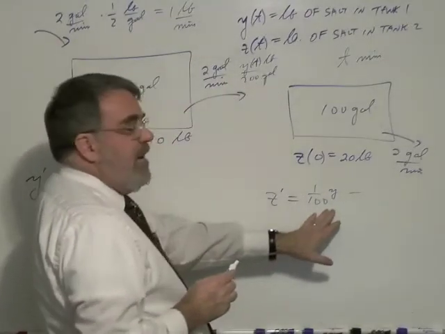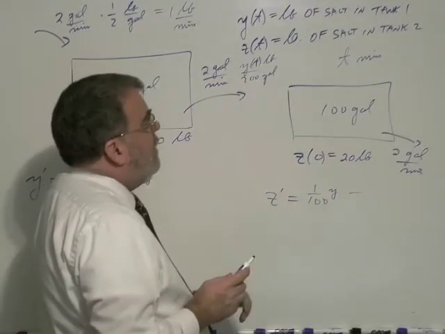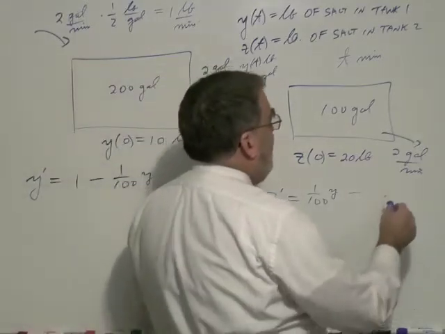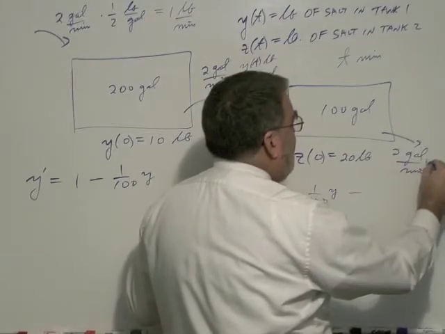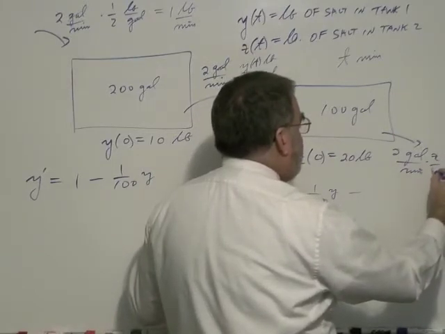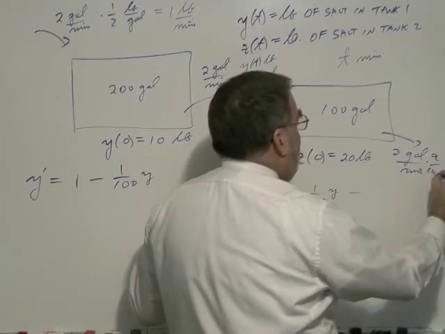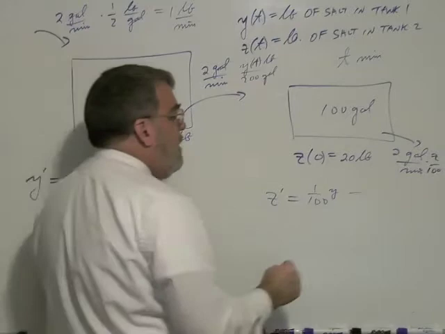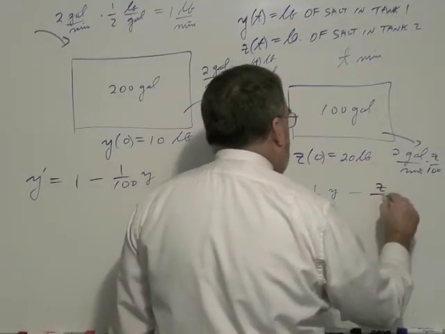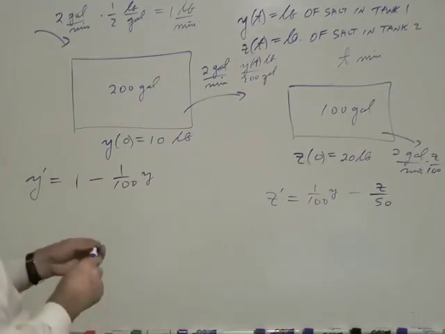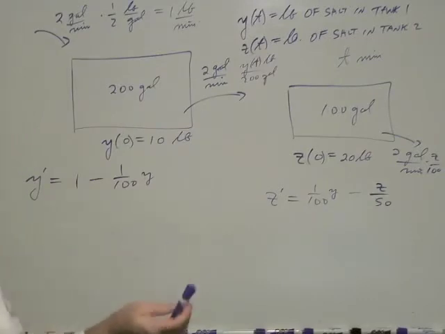So the amount of salt coming in is 1 over 100 Y minus the amount of salt going out. And the amount of salt going out will be 2 gallons per minute times Z pounds over 100 gallons. And so that is going to be Z over 50. There we go. So we have 2 different equations here.